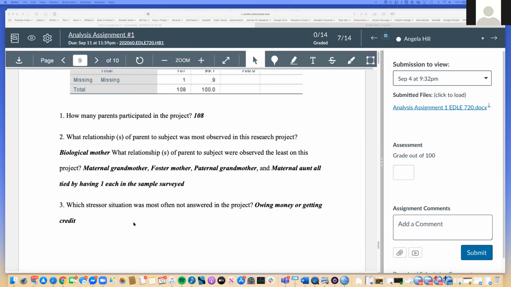It wasn't a huge number, but it was the stressor that was most often not answered. But if I'm remembering correctly, that's also the stressor that was the highest, as far as owing money and getting credit.